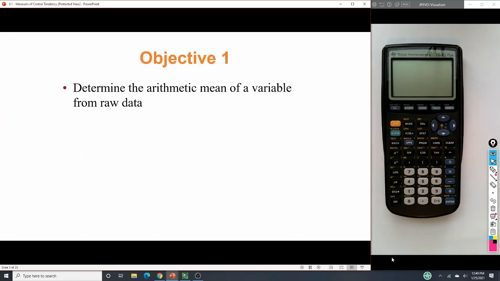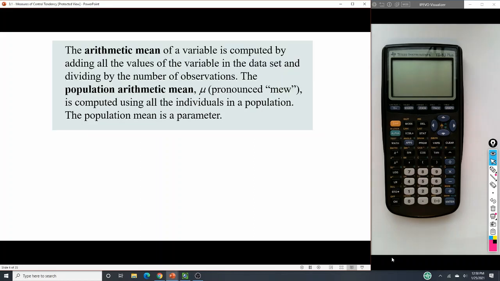All right, so first let's look at the arithmetic mean from raw data. The arithmetic mean of a variable is computed by adding the values of the data and dividing by the number of observations. Now, the population mean is denoted by this Greek symbol over here, and you want to pay attention to it.